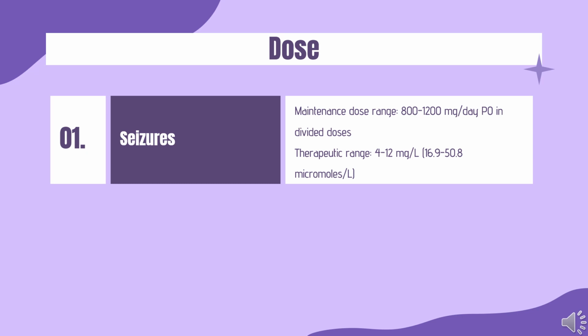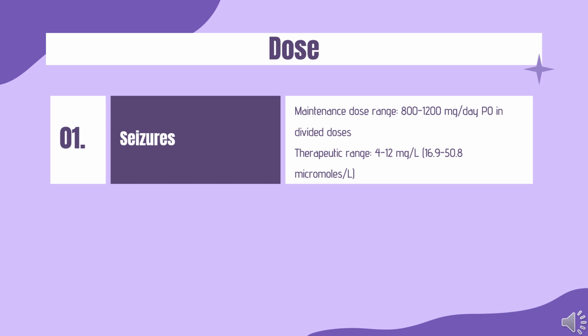Maintenance dose range, 800 to 1200 mg/day PO in divided doses. Therapeutic range, 4 to 12 mg/L, 16.9 to 50.8 micromoles/L. Maximum dose of 1,600 mg per day recommended. Rarely, some patients have required 1.6 to 2.4 g/day.